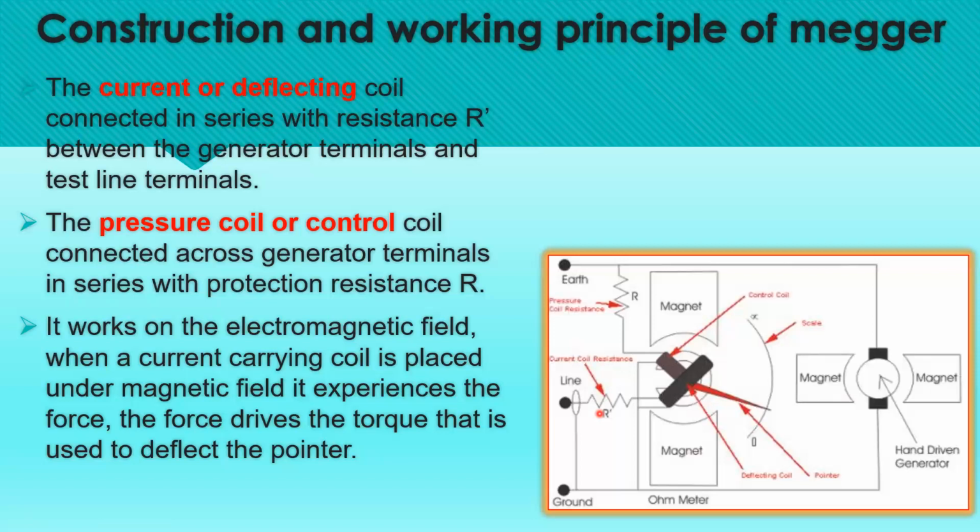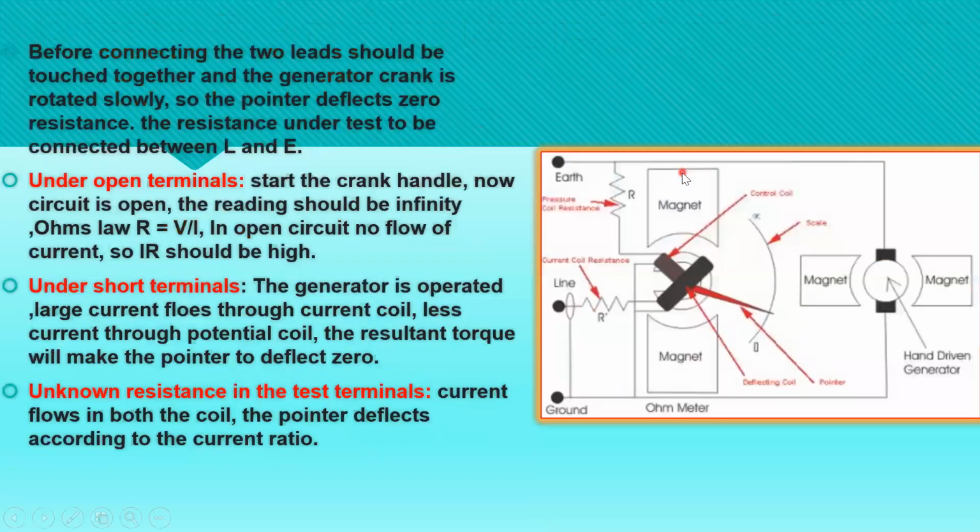We have three main conditions for how to measure. Before connecting for the testing, what we must do is touch the two leads together and rotate the generator crank slowly. The pointer deflects to zero resistance.